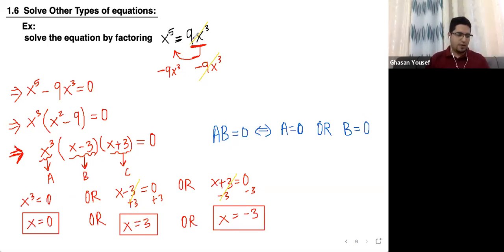Okay, so we have other types of equation like a fractional expression. So here, example 2, other types of equation. Solve. I have a fraction expression.